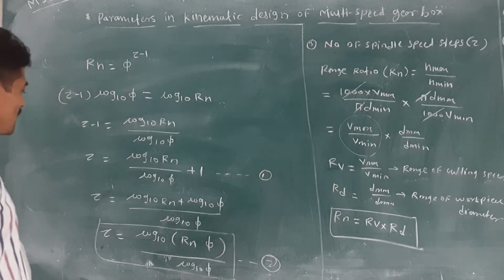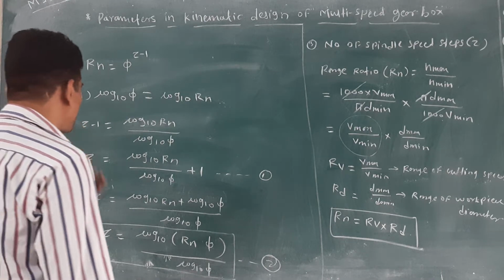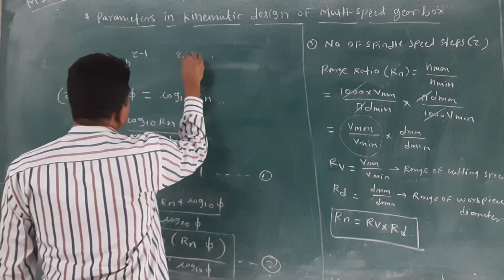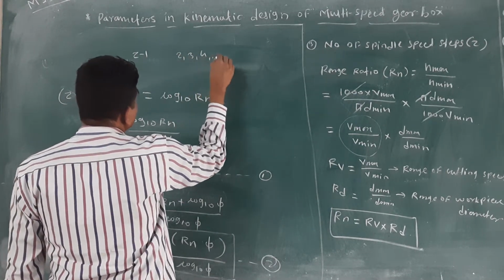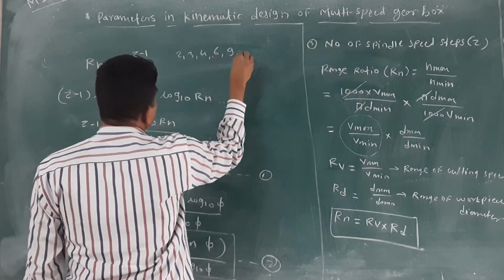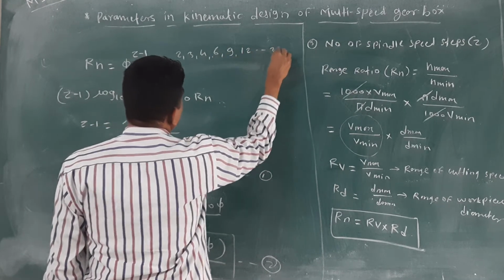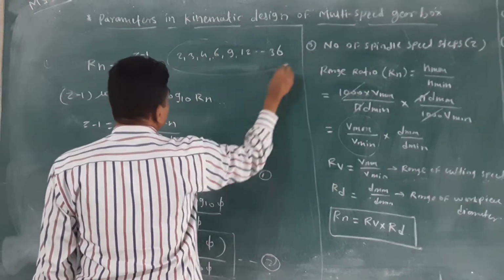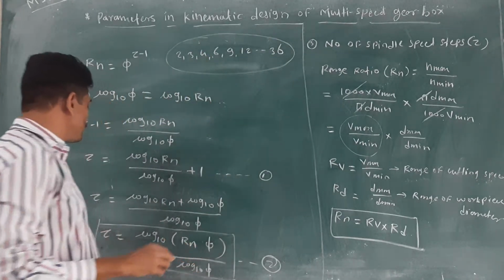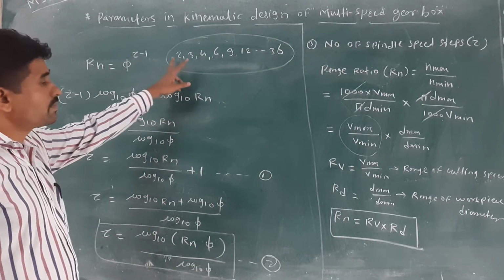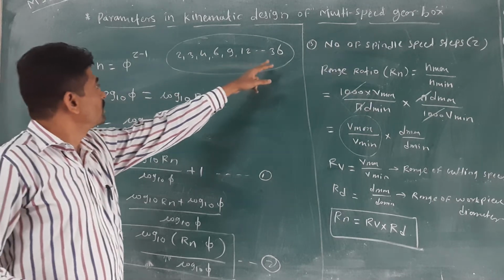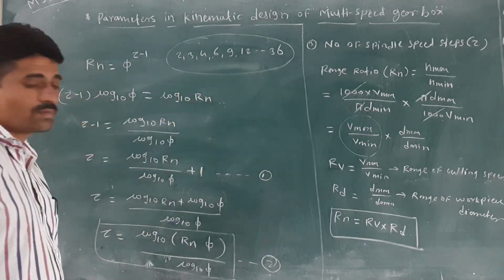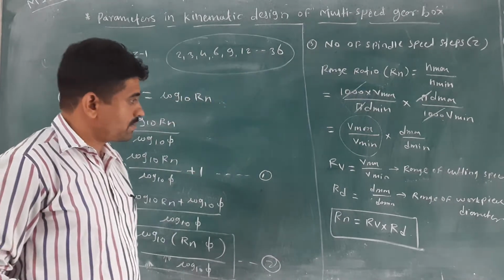This z value may be 2, 3, 4, 6, 9, 12, up to 36. You will get the total number of speed steps up to 36. Remember that. Yes, all of you getting?